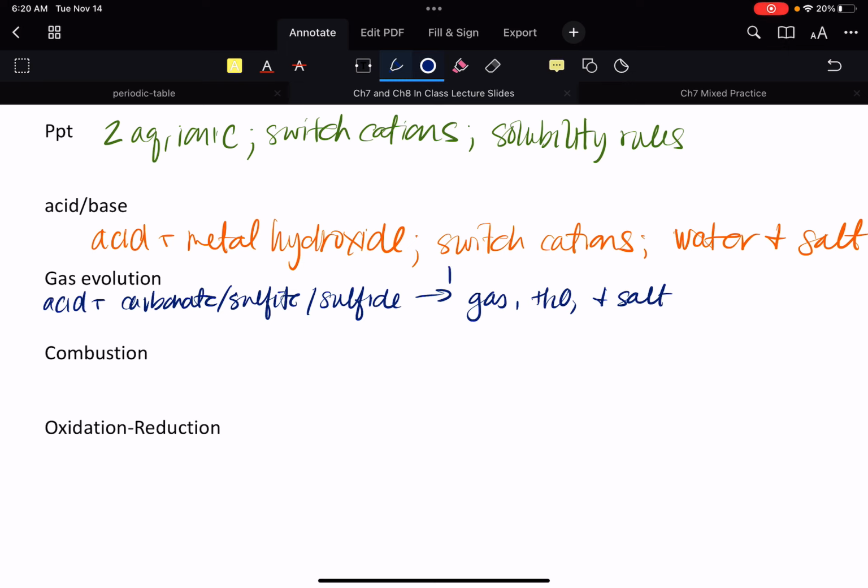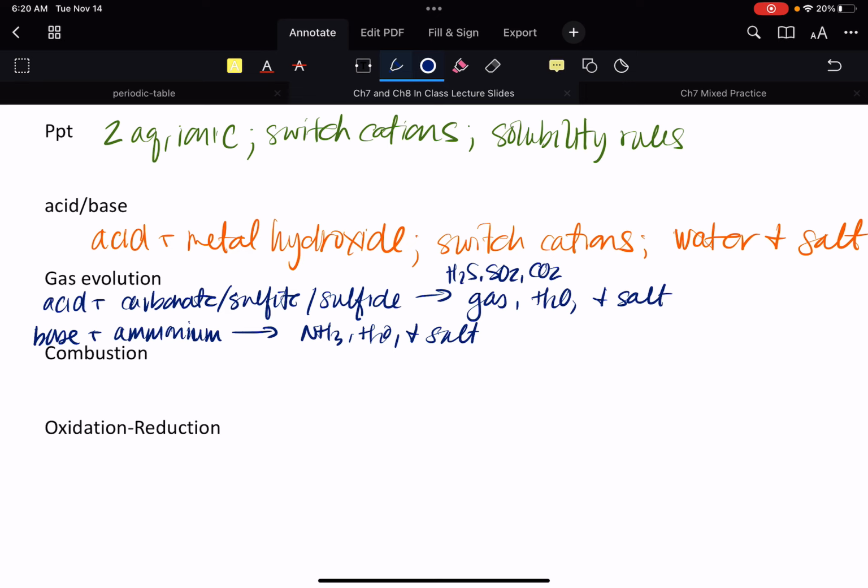And the gas options are going to be H2S or SO2 or CO2, depending on what we start with. Alternatively, we could have a base plus an ammonium compound, and that's going to give us NH3 and water and salt.